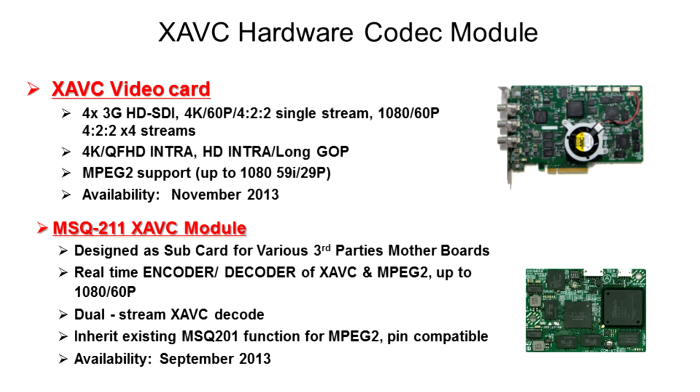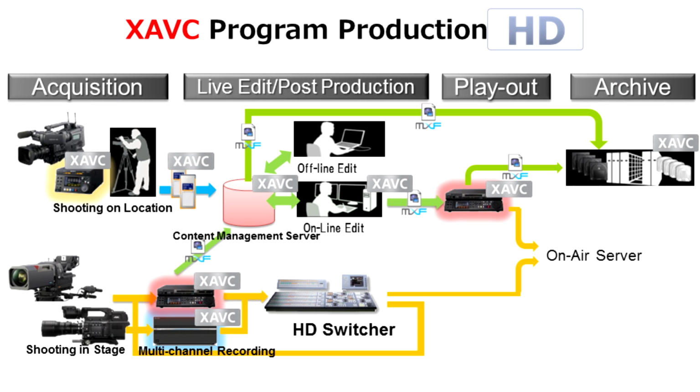The other card, the XAVC video card on top, is capable of handling one channel of 4K by 2K at 60 frames per second, or 4 channels of 1080 60 progressive. And the relation between manufacturers and Sony is strictly on an OEM basis. We are just distributing these hardware codecs to facilitate new transmission applications.